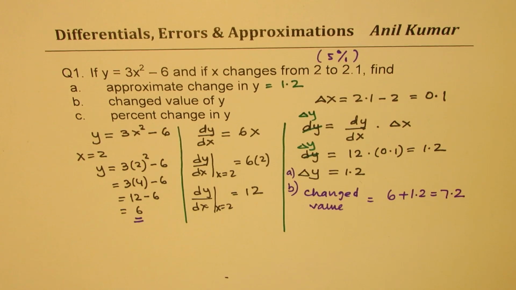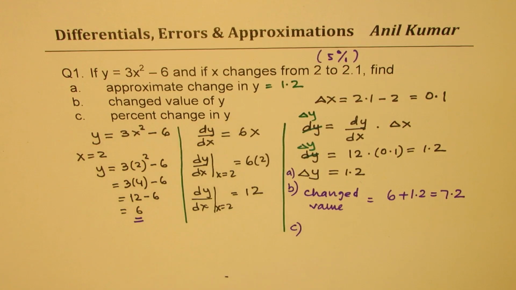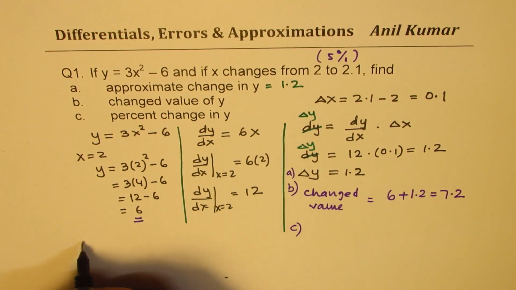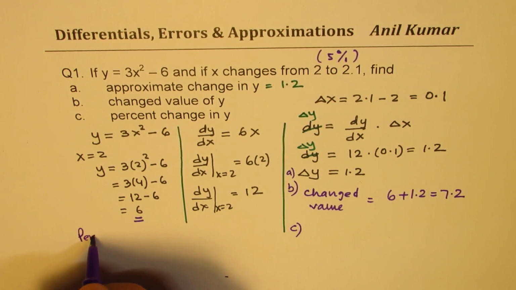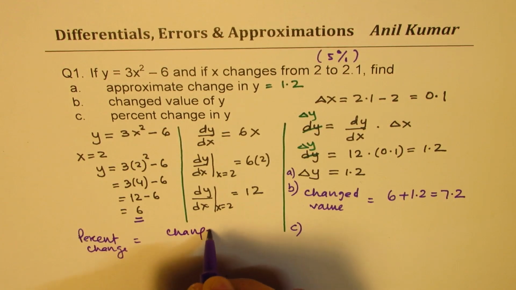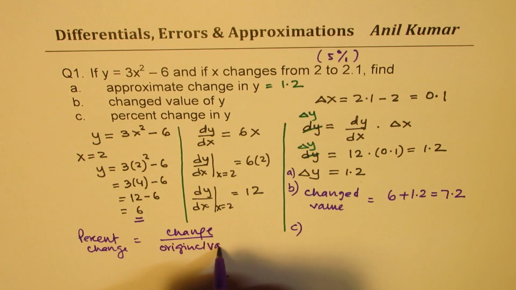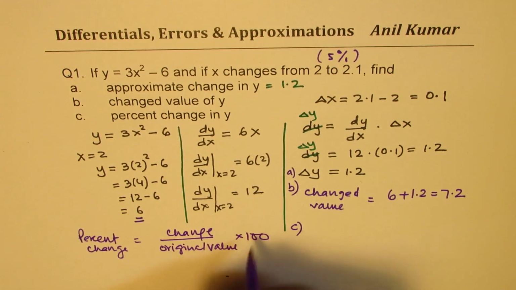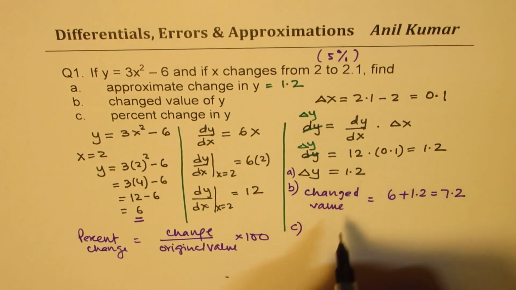Is that okay? And part C is percentage change in y. So let me write down the formula for percent change and then we'll calculate. Percent change equals change over original value times 100. So that is the equation which we are going to use. In this case, the change is 1.2, right?